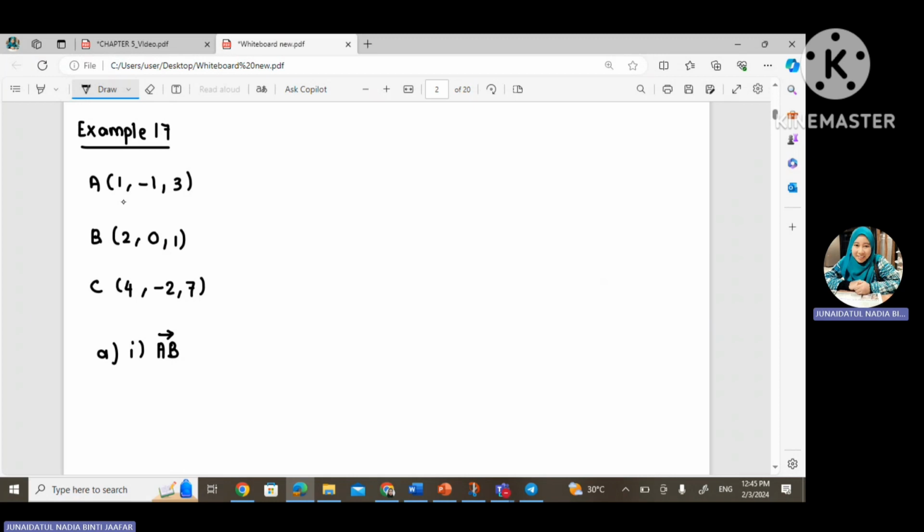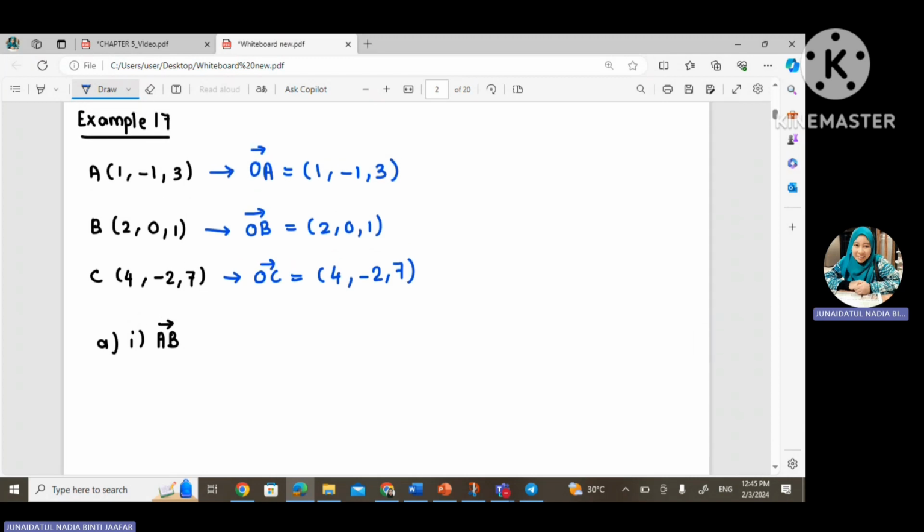Okay, so if we have point A, actually we can rewrite it as OA. The position vector is OA, which is 1, negative 1, 3. And then for point B, the position vector is OB equals 2, 0, 1. And same goes with point C. We have OC equals 4, negative 2, 7.